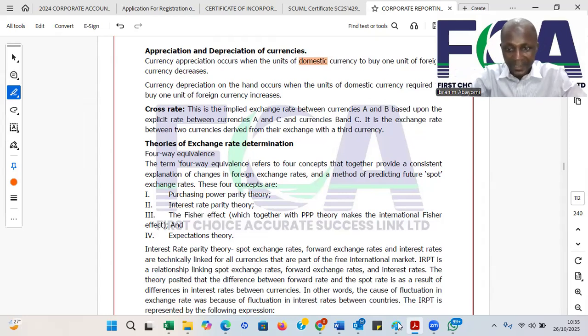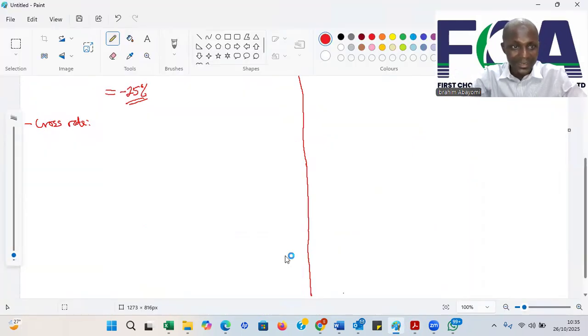Now, let's take an example here to see this cross rate.